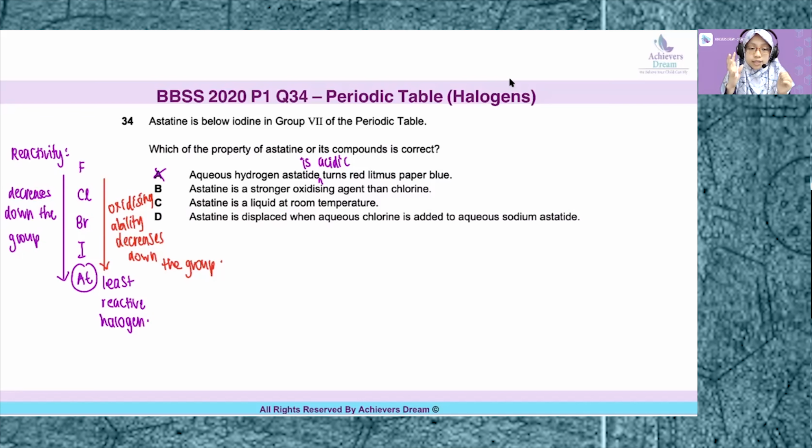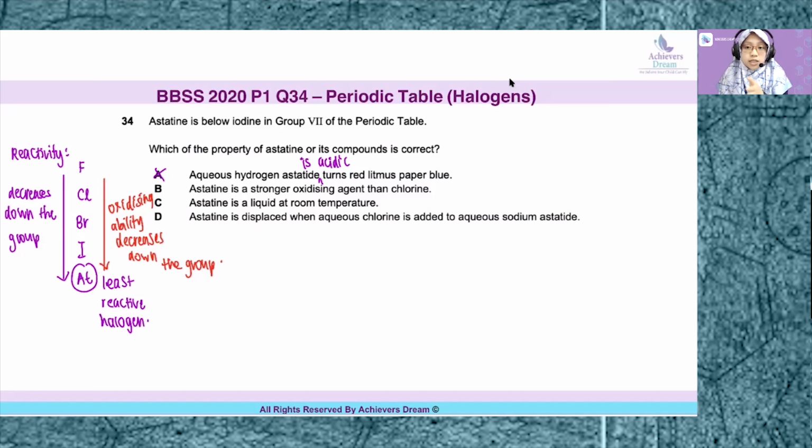Chlorine has a lesser number of electron shells, meaning that it will gain that electron easily compared to astatine that has more electron shells than chlorine. So astatine will not be able to gain electrons as easily as chlorine, meaning that it is less easily reduced.